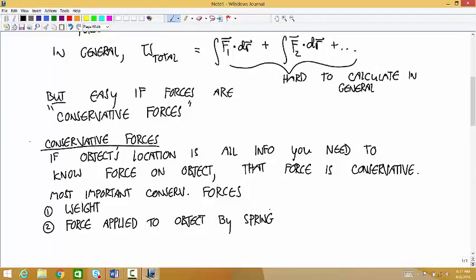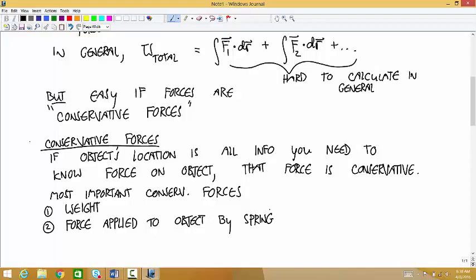And then hook an object up to it. Now I tell you the location of this object. Is that enough information to know the force that the spring's going to apply? Well, yeah, because remember that the spring force depends on the amount of extension or compression of the spring. And if I give you the location of the object, that's enough to figure out what that compression or stretch is. So a spring force is conservative.